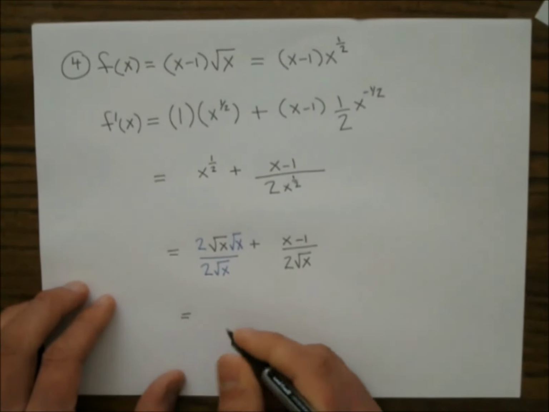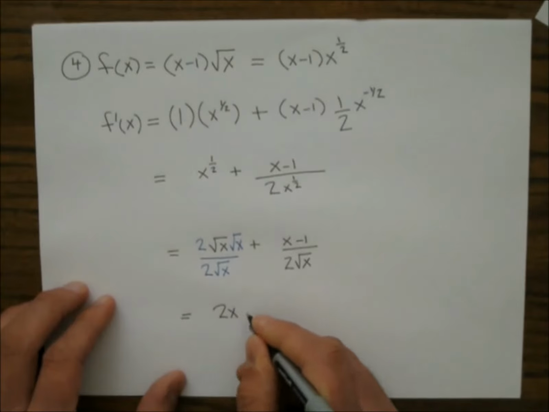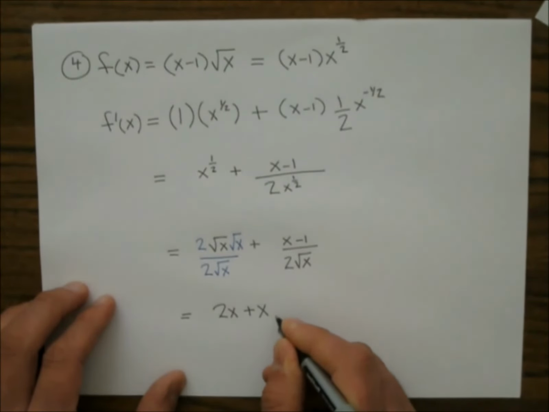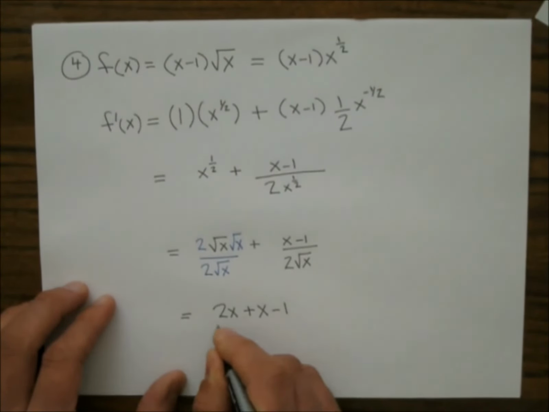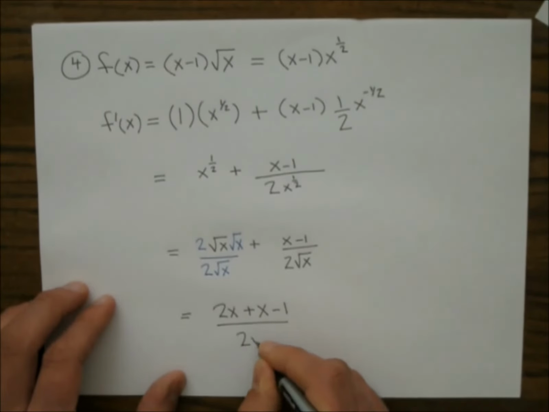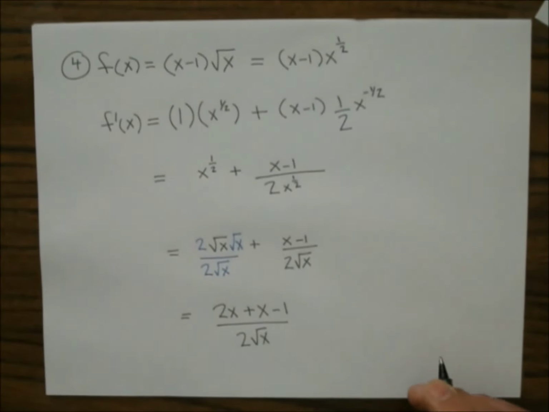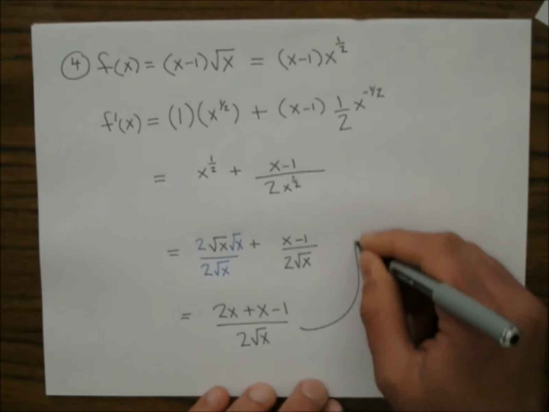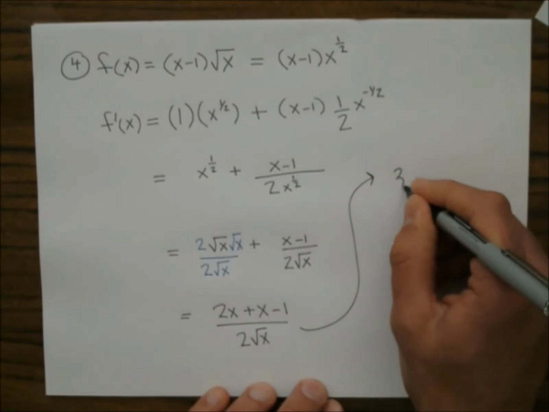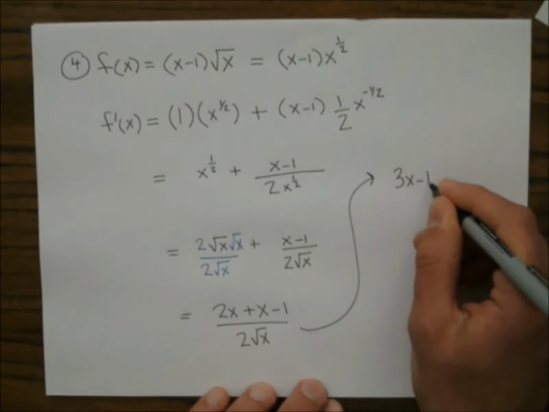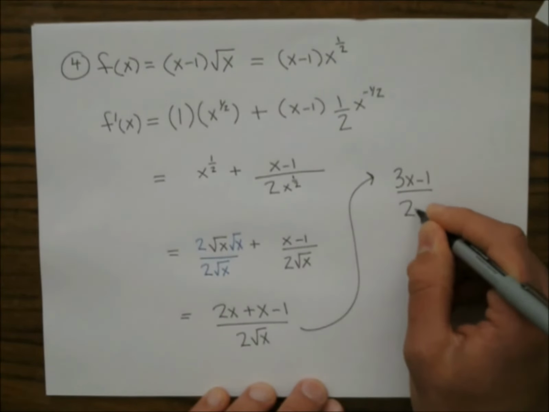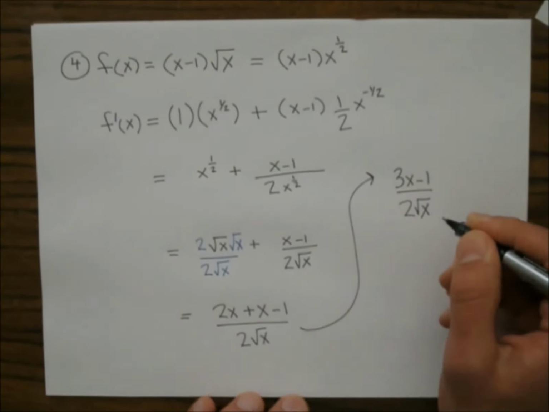So on the top of my fraction I have 2x plus x minus 1, and on the bottom of the fraction I have 2 root x. So this gives me 3x minus 1 all over 2 root x.